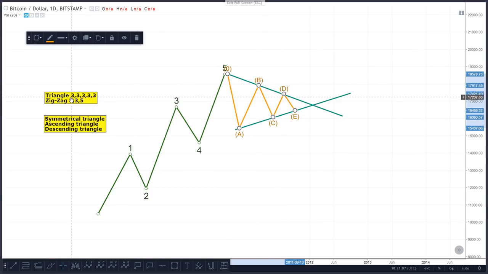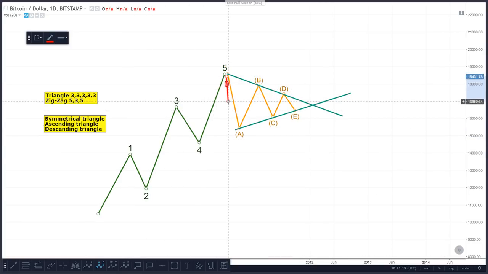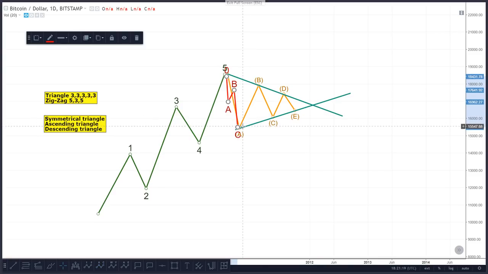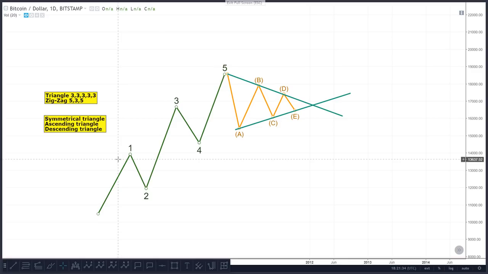The subwave count is 3, 3, 3, 3, 3, which means each leg is made of 3 waves. They'll all be made of ABC patterns. So wave A is an ABC, wave B is an ABC, wave C is an ABC, D is an ABC, and E is an ABC. That's the subwave count.